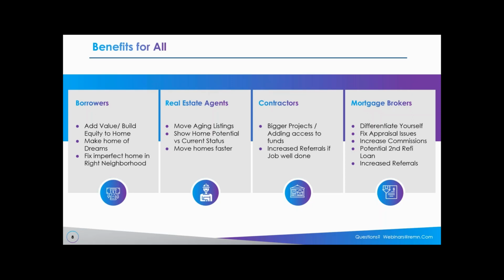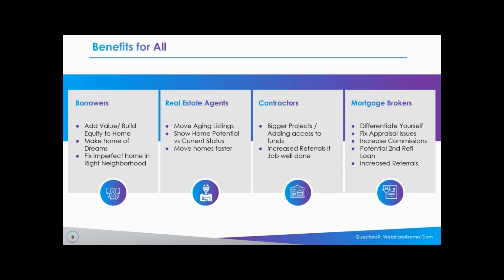You can also get increased commissions, right? Because say they do 100 grand in a project, you're getting that much more of a loan amount, and your commission increases. Not only that, but if your first loan is a purchase, your second loan could be a refi out of that higher renovation rate, and you get a second commission.